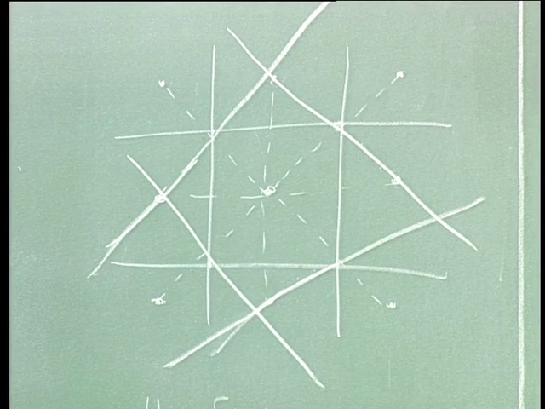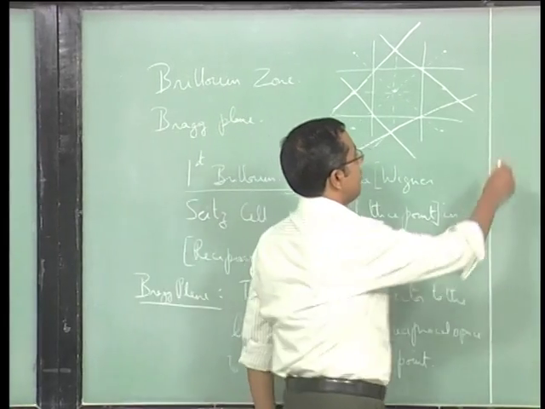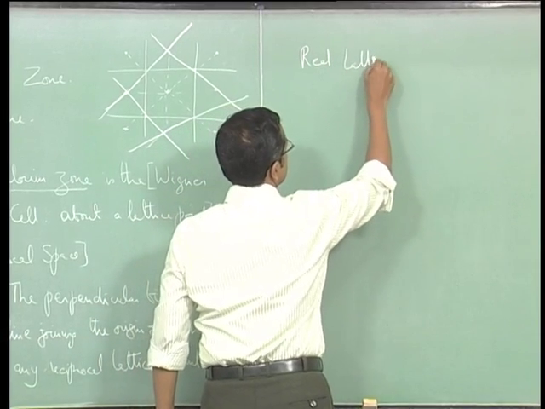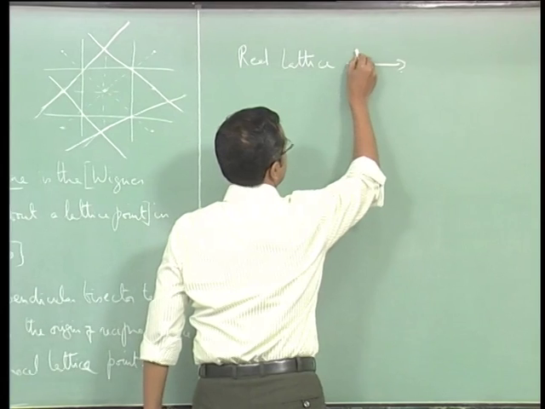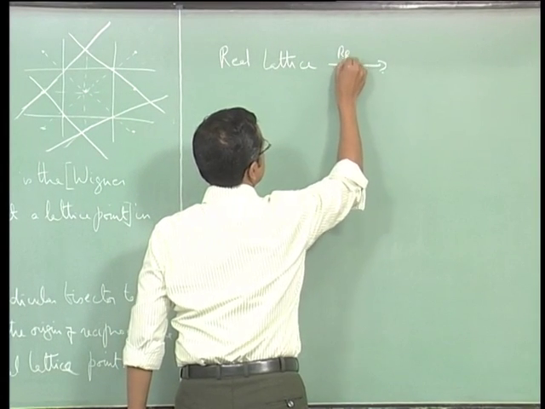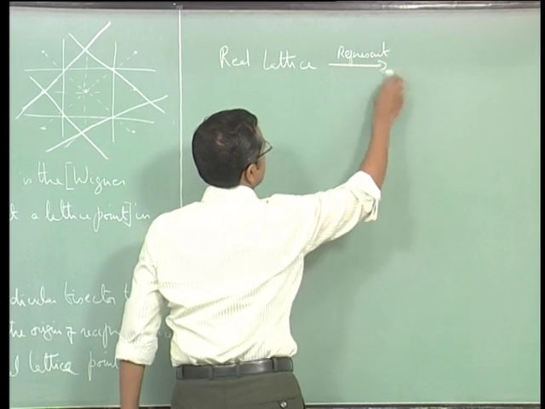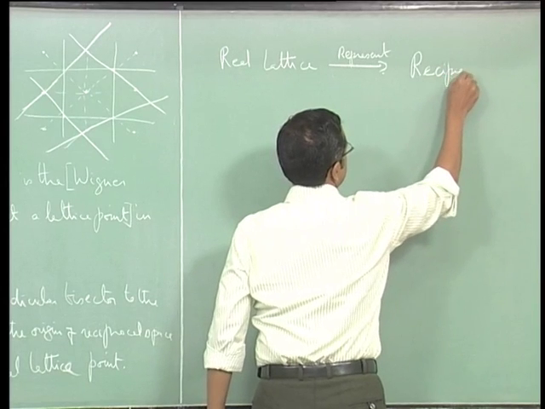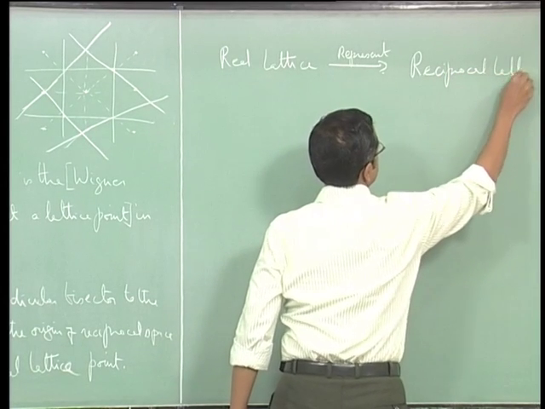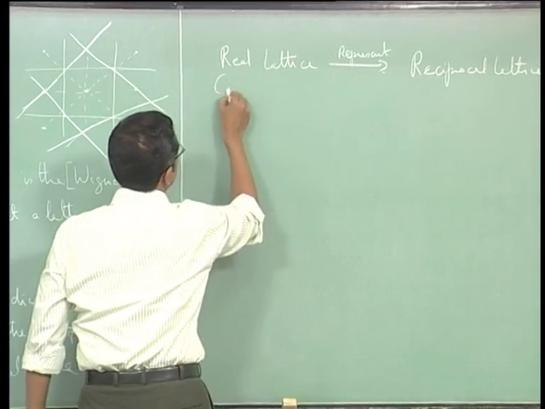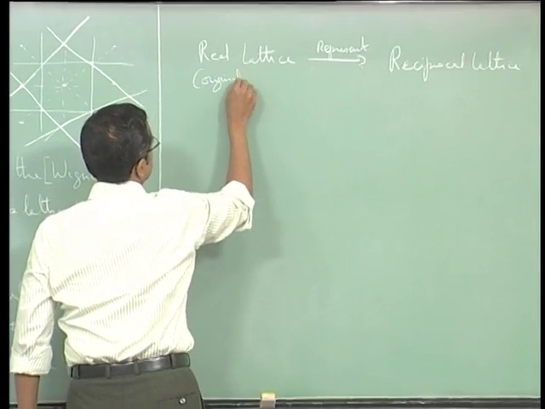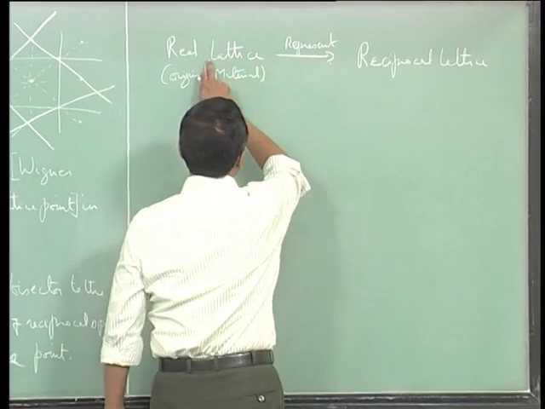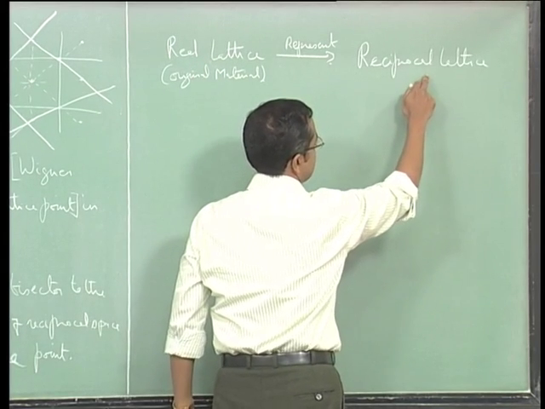So, we now see a much more elaborate link. We have real space, real lattice, which we can represent in reciprocal space, so it becomes a reciprocal lattice. This is your original material; it will have a real lattice, and we can represent it in reciprocal space as a reciprocal lattice.